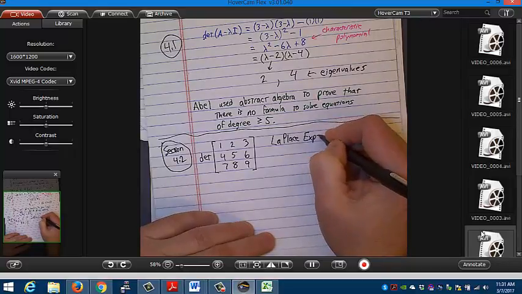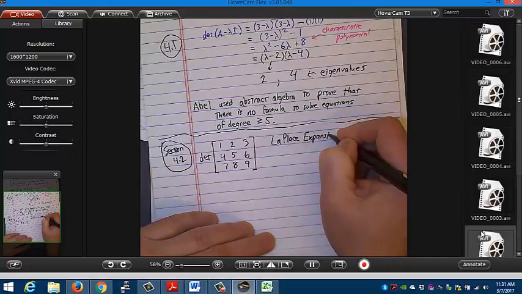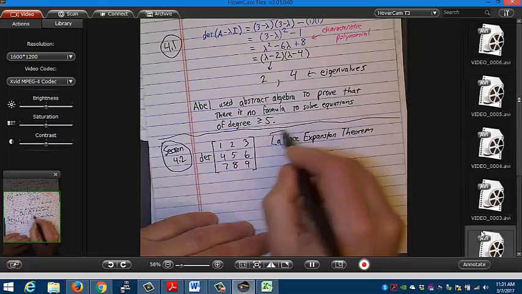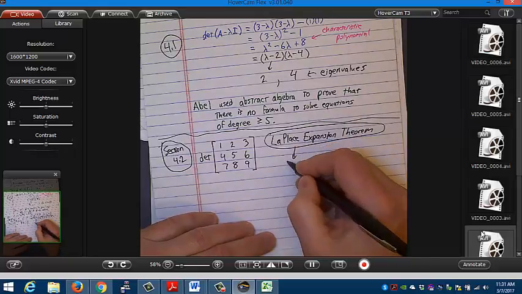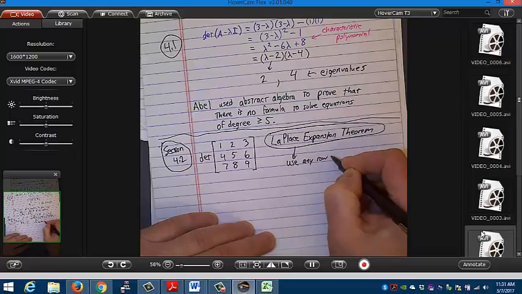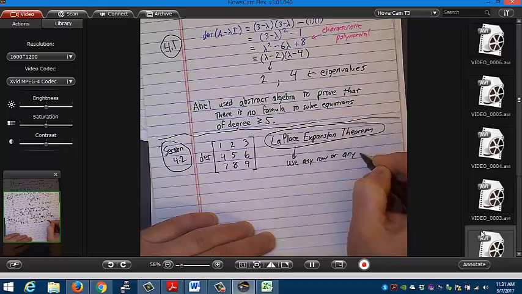The Laplace expansion theorem, this is what we're actually using to compute the determinant. And it says we can use any row or any column to do it.